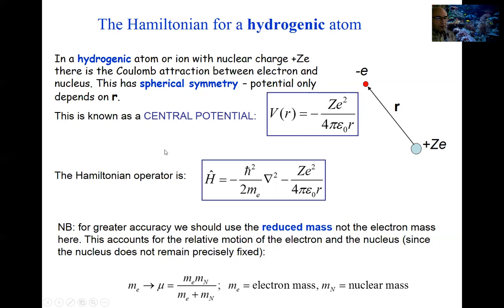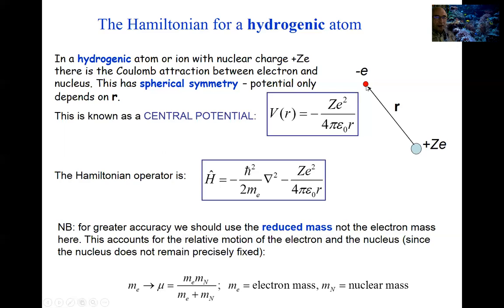So our fifth postulate tells us that we need to introduce the Hamiltonian. So the Hamiltonian has kinetic energy and potential energy. And this is an operator which we now need to use. And the equation which we are now trying to solve is called the Schrödinger equation. So in order to apply the previous mathematics, we need to go to a polar coordinate system.